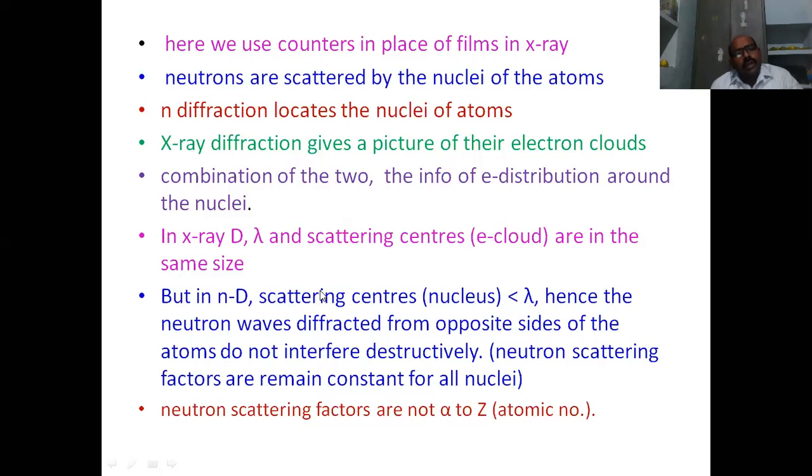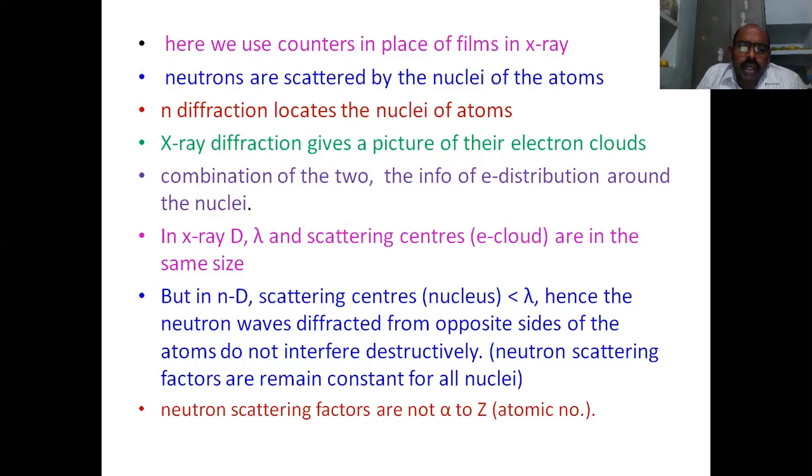In the X-ray case, since the X-rays are diffracted from different portions of the atom, those rays are in different phases. They lead to constructive and destructive interference, and because of that we talk of the atomic scattering factor or atomic form factor. Here, phase conditions are not involved, and therefore the neutron scattering factors are the same for all nuclei.